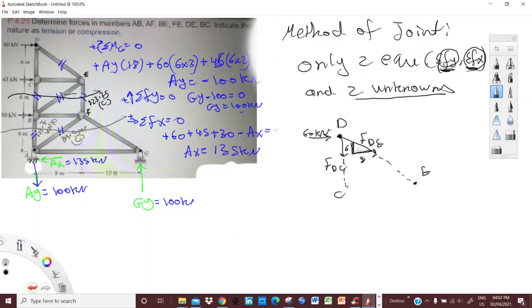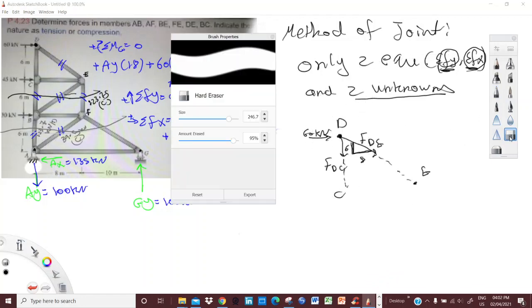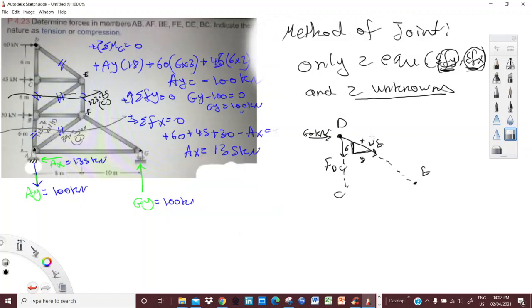By Pythagoras, 6 square plus 8 square is going to be equal to 10. So let me remove this, and I call this DE equal to 10.